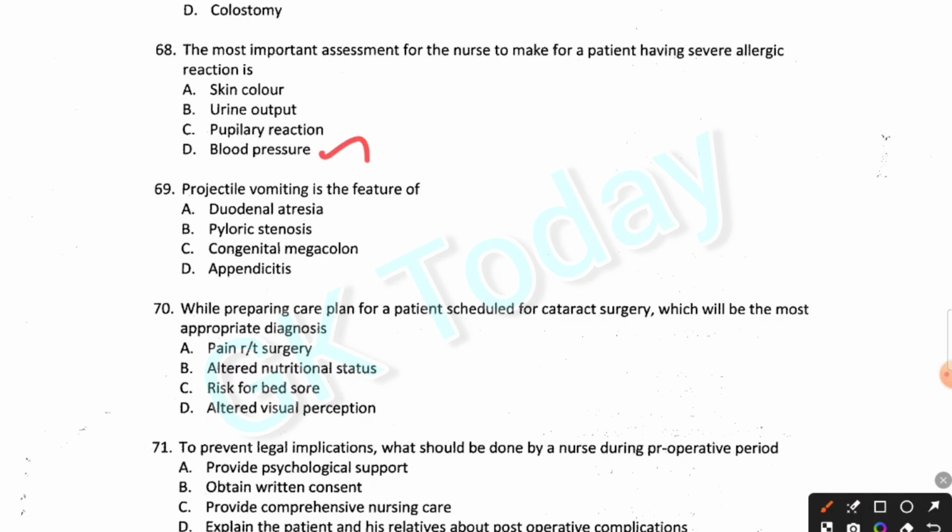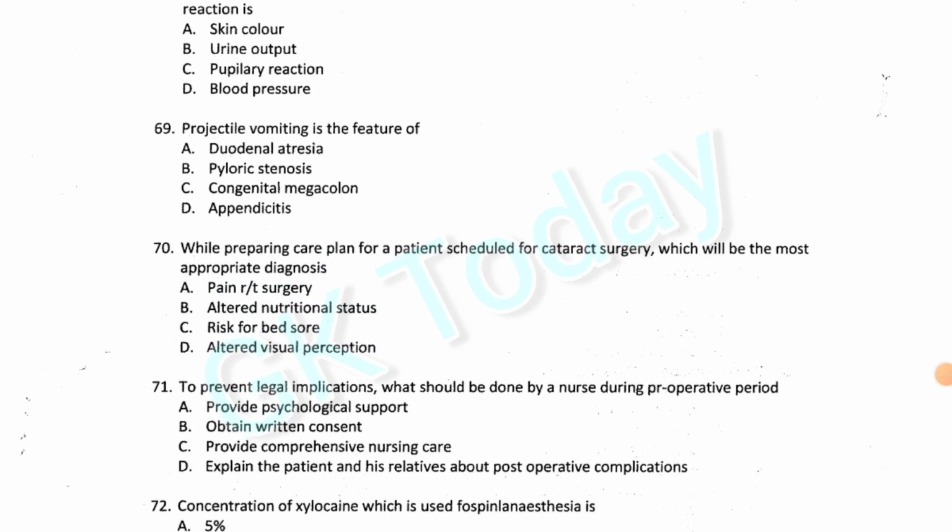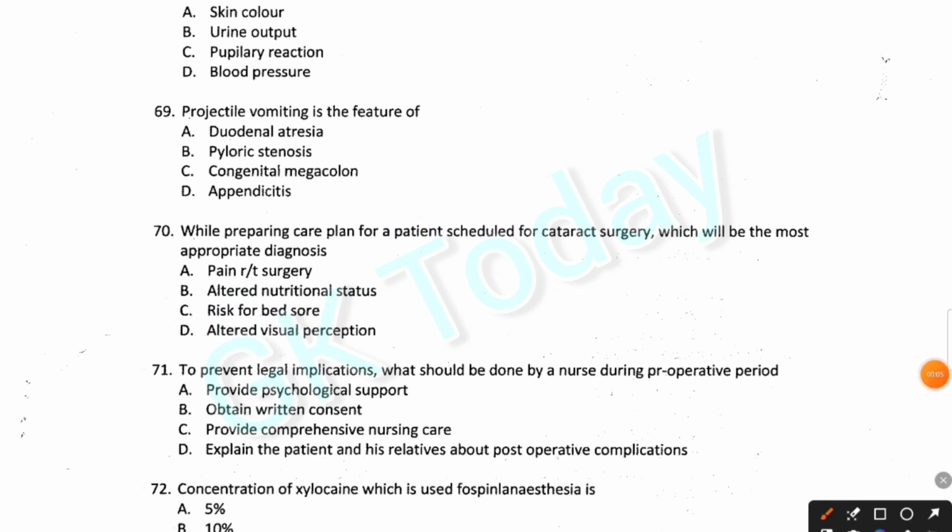Question number 69. Projectile vomiting is the feature of, correct answer is option B, pyloric stenosis. Question number 70.